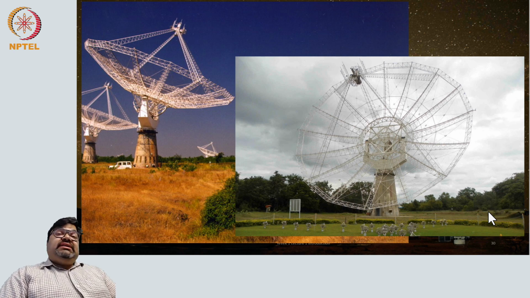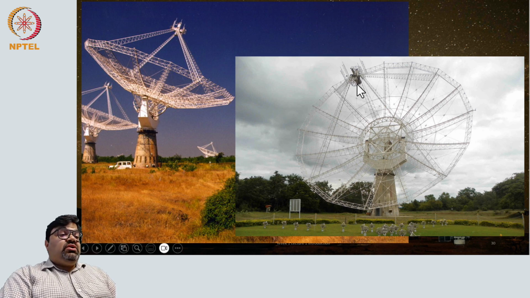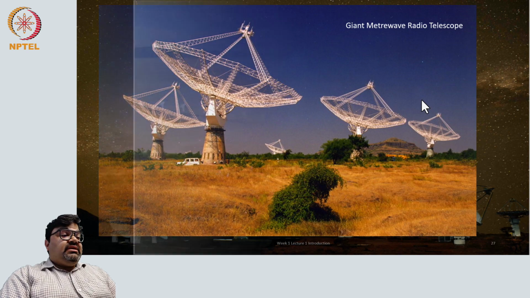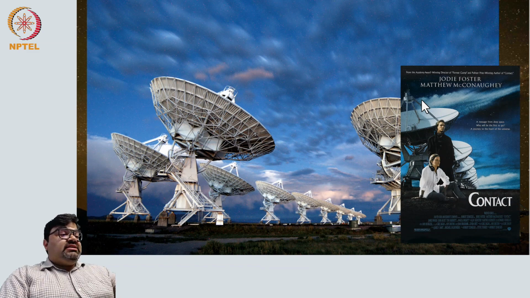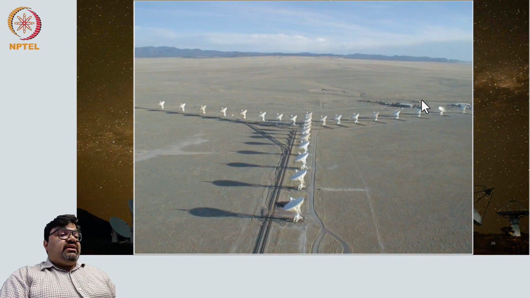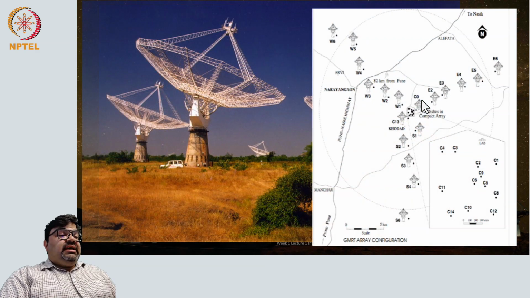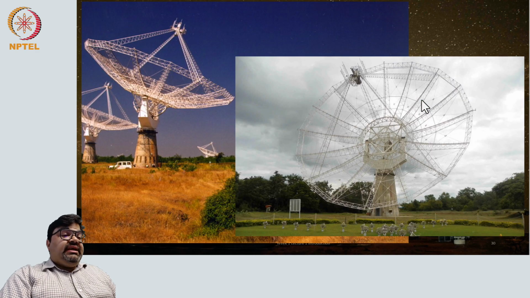One interesting thing you can notice between the VLA and the GMRT is that the dish is no longer solid. In the case of VLA, the dish is solid, and here you can see it is not a solid one, it is actually perforated.